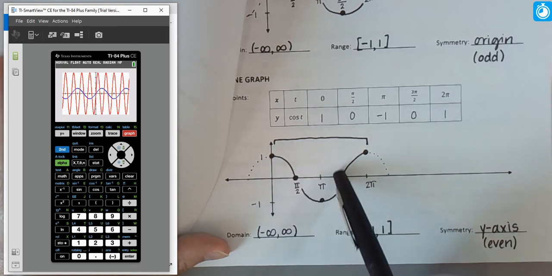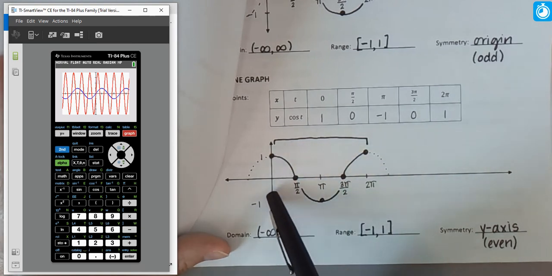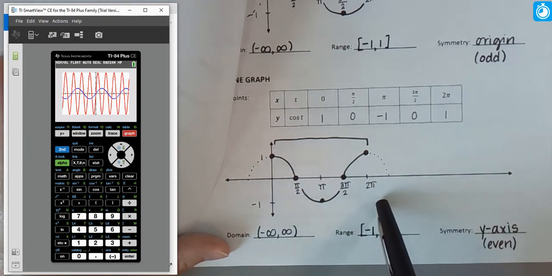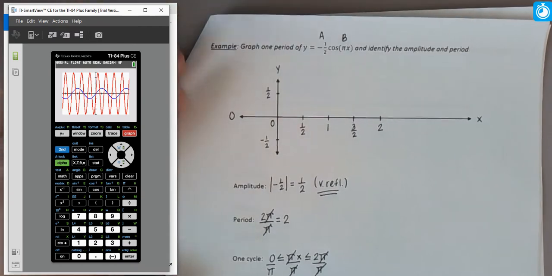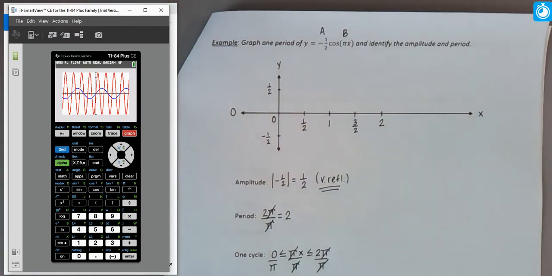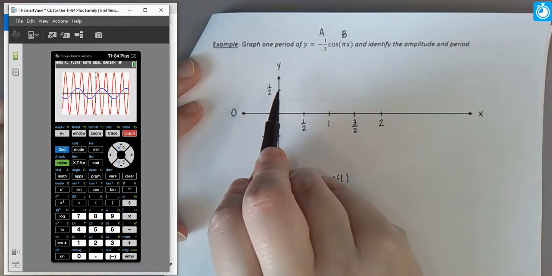So imagine taking this graph, which looks kind of like a U, and then just flipping it upside down, and that's going to be our vertical reflection. Again, based on the fact that we've already labeled, that gives us coordinates for our key points. So original cosine starts at its maximum.